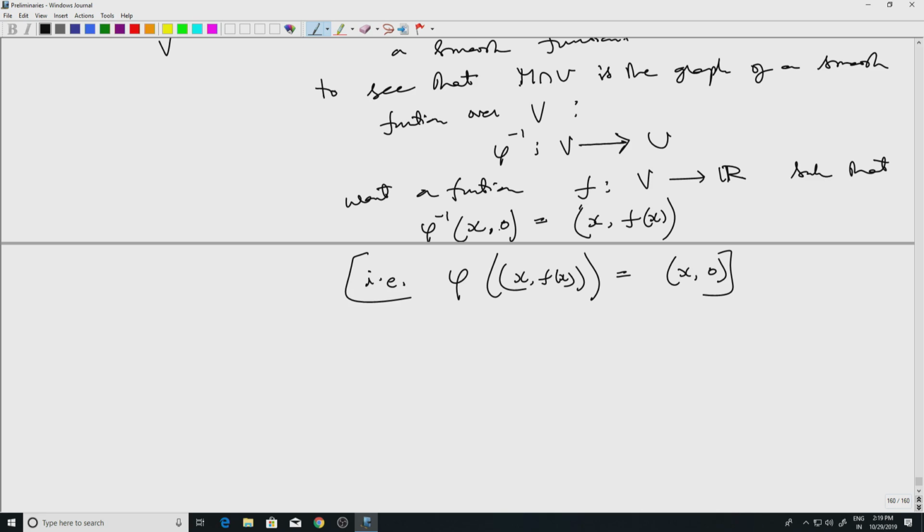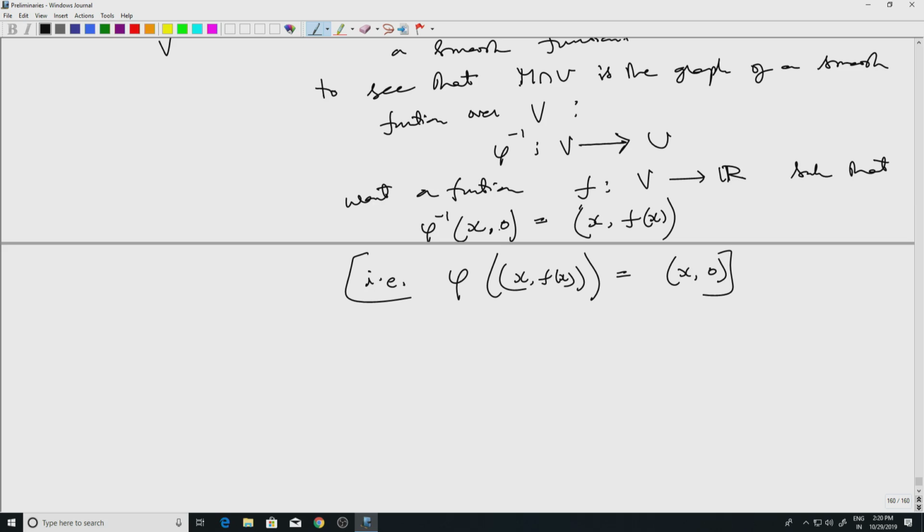A functional equation for f in terms of phi. Now this is precisely the setup for another consequence of the inverse function theorem, which I didn't talk about much, called the implicit function theorem. Let me not go into it at this point.